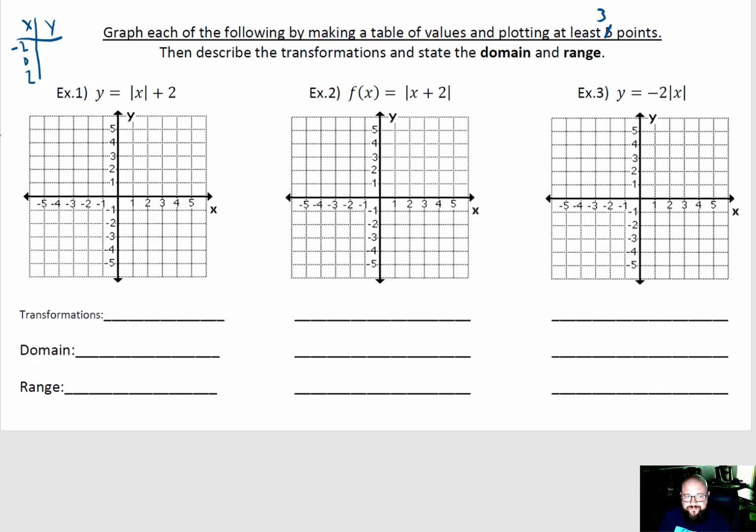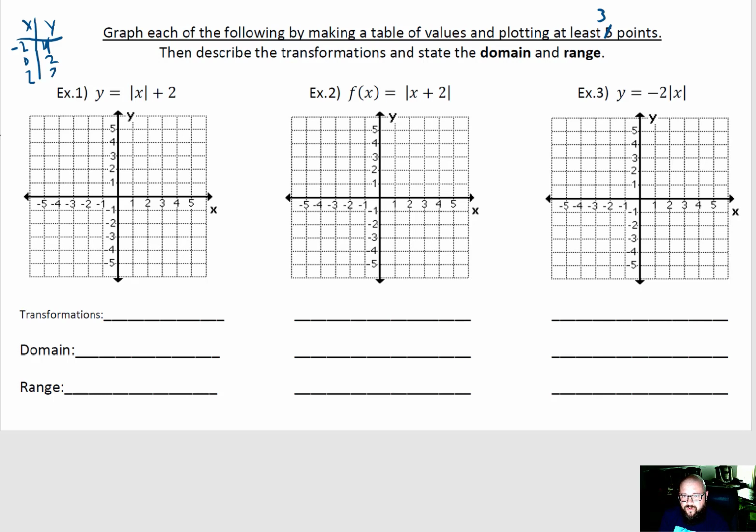So if I put -2 plus 2, which would give 2 plus 2, so I should get 4. And then if I put a 0 in there, this would be 0 plus 2, so I should get 2. And then if I put a 2 in there, again, this gives me 2 plus 2.